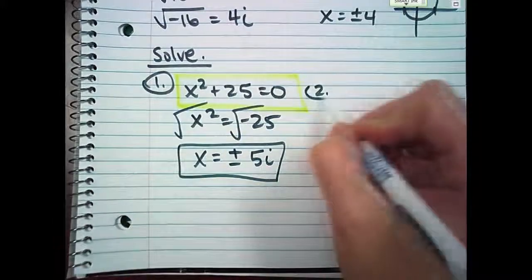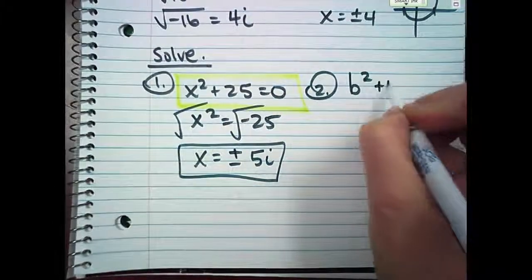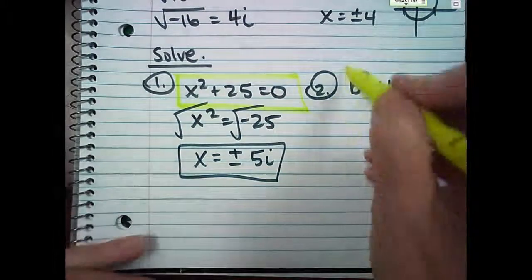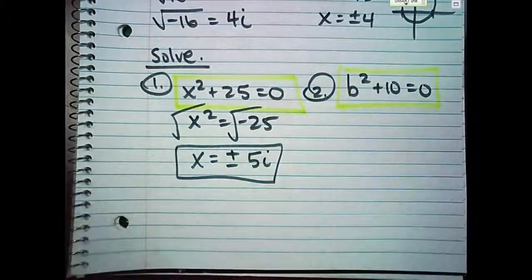Number 2. b squared plus 10 equals 0. What are you going to do with your 10? Yeah, move it to the other side.